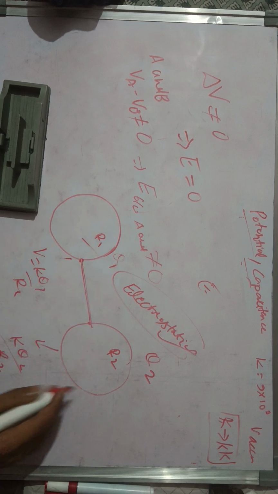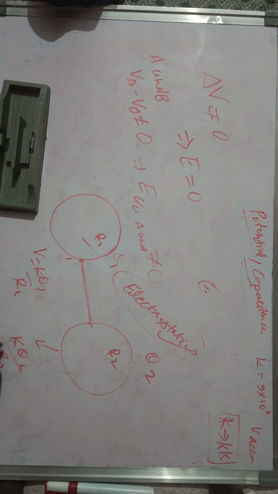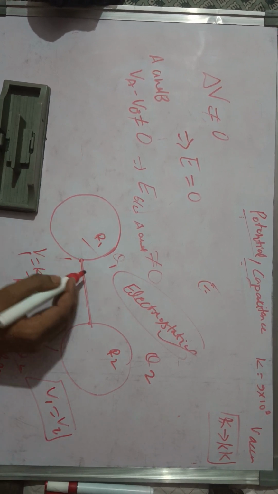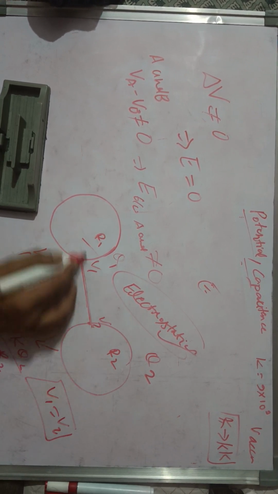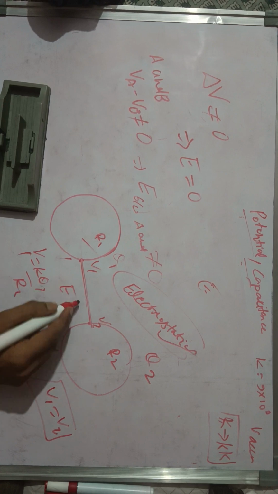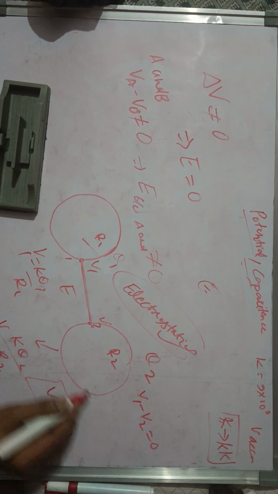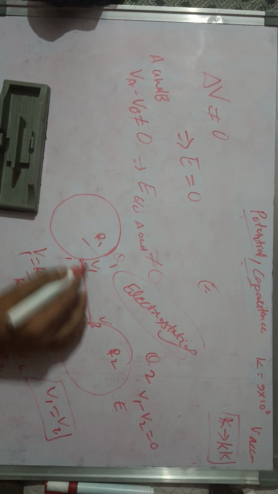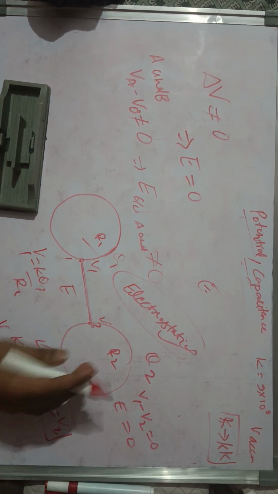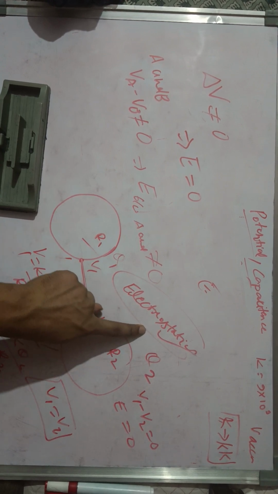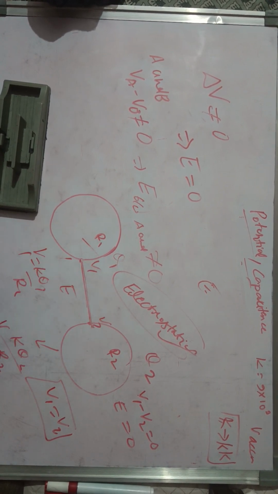So to make the potential constant, we have to make V1 and V2 equal, so that there is no potential difference between these two. If V1 minus V2 is equal to 0, electric field between them is equal to 0, so there will be no flow of charge. So in static condition, these two points will have equal potentials.